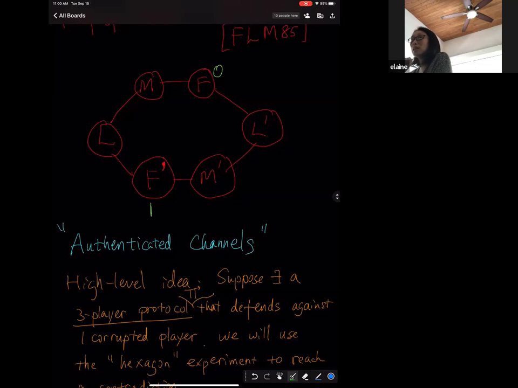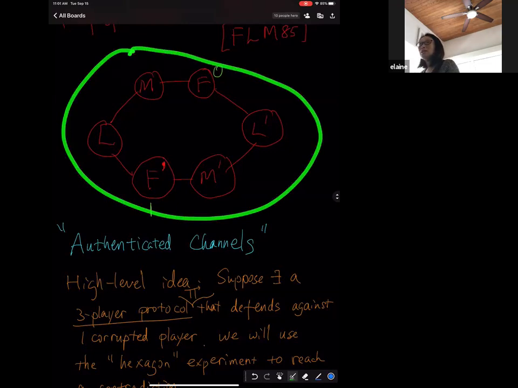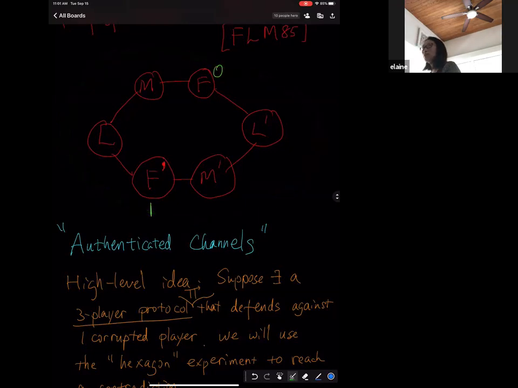The thing to realize is that even though I'm viewing it in different ways, they're talking about the same experiment, which is the hexagon experiment. There are different ways to look at it, but it doesn't change the nature of this experiment.